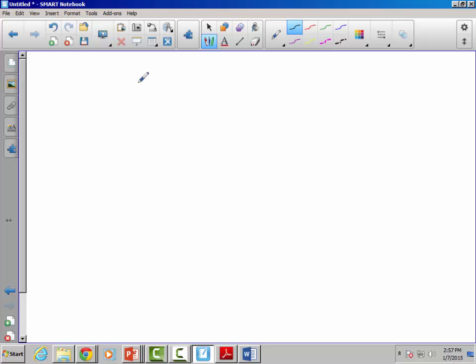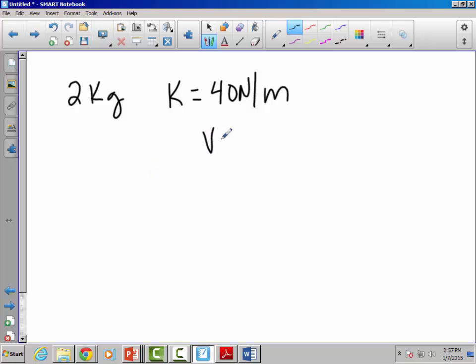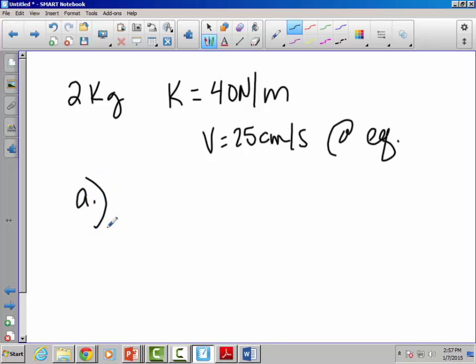So let's look at what happens when you have an object of 2 kilograms and a spring constant of 40. And the object is moving at 25 centimeters per second when it's at equilibrium. Let's say, what is the total energy of the object?